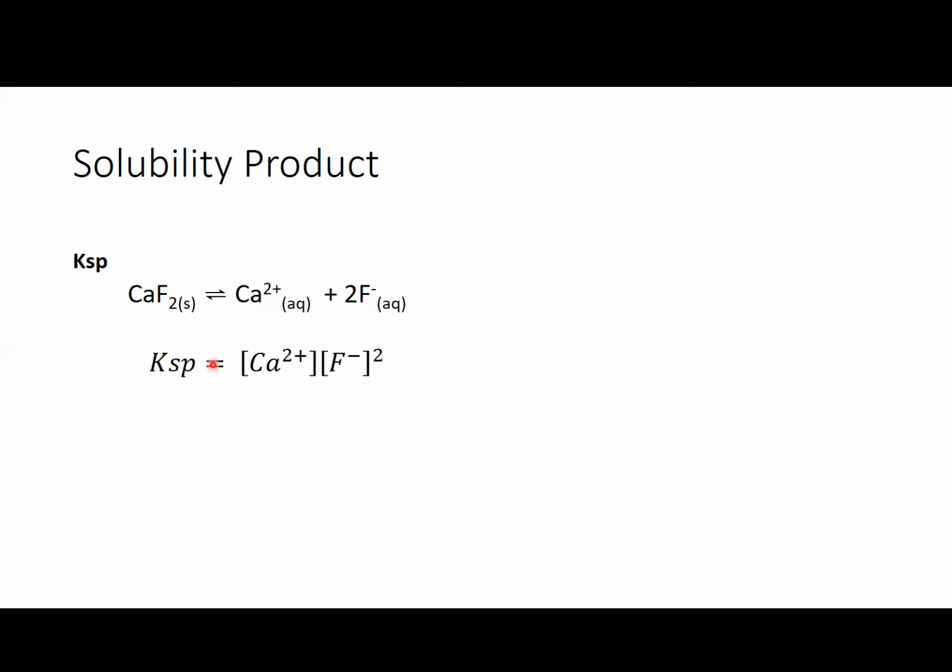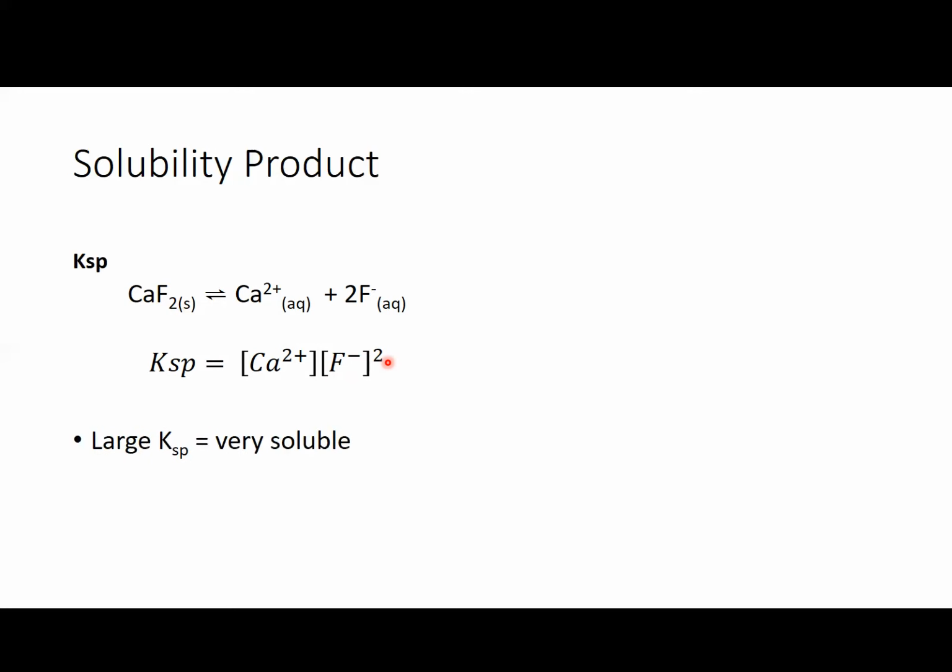It just tells me what kind of equilibrium expression I'm working with. So this is a Ksp. Solids do not appear in my K expressions. And so this is how I would write the Ksp: calcium, and then fluoride, whatever the concentration of fluoride is, squared, because I've got two fluorines. So, just writing an equilibrium constant, just like we've done for the past couple of weeks.